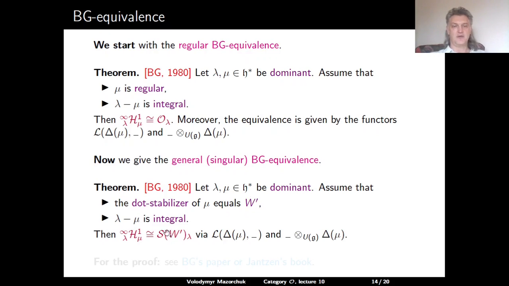Then the category H, left lower lambda upper mu, right lower mu upper 1, is equivalent to the lambda block of the S subcategory S_W' via the same pair of adjoint functors. And for the proof, we refer to the original paper of Bernstein and Gelfand or to Jantzen's book.